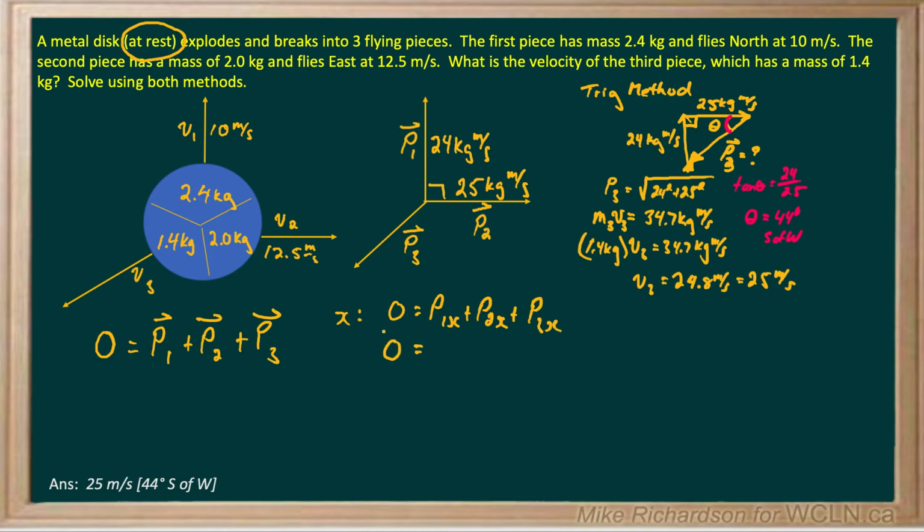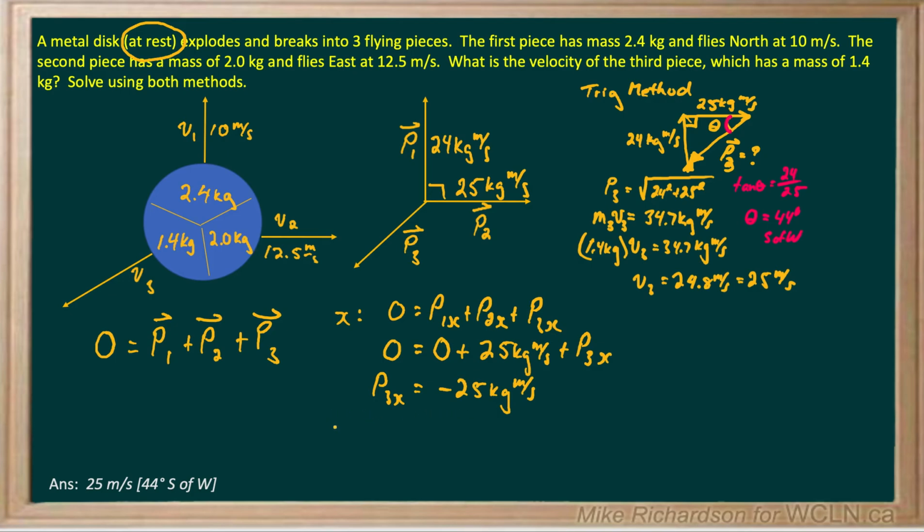Now p1 was 24 kilogram meters per second and it was straight up, so it has no x component. So that's going to be 0. P2 is all in the x, so it's going to be 25 kilogram meters per second. Plus P3 in the x. And when I solve that for P3 in the x, I get negative 25 kilogram meters per second.